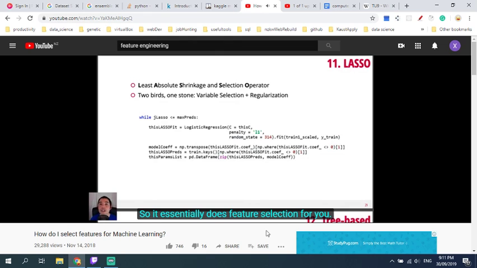So it essentially does feature selection for you. Now, I just said Lasso is for a regularized linear model. Lasso is for regression, but there's regularized logistic regression, for example, that can work the same way. I think I've said enough about that.